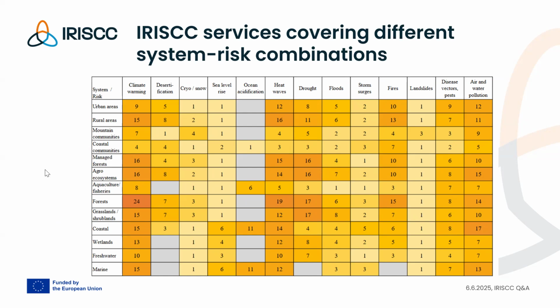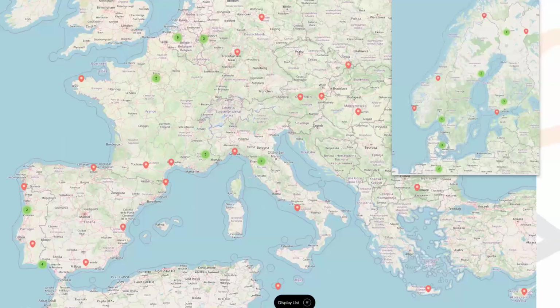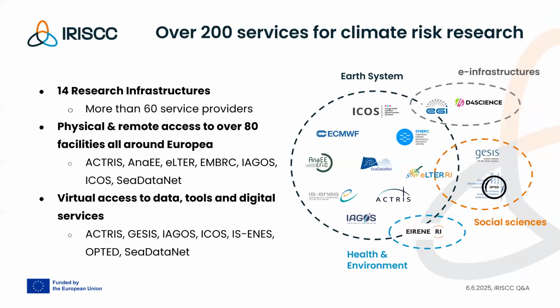In the next slide, there's an illustration that the services are all around Europe. So they are not just offered in one country or by one institution, but they have a large coverage geographically from different locations.